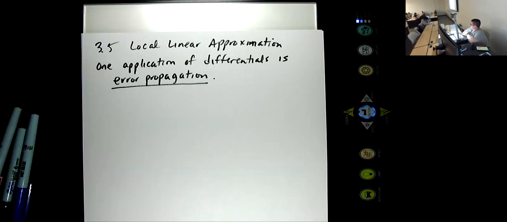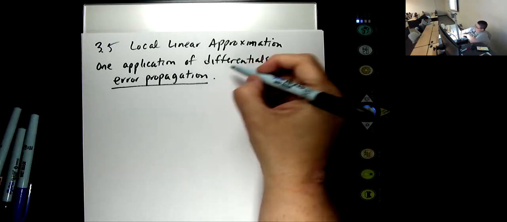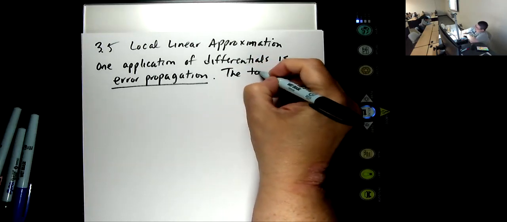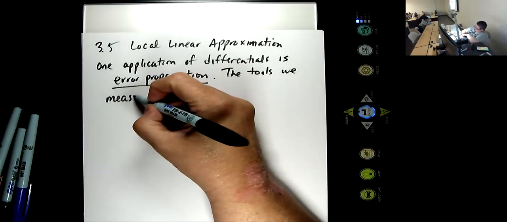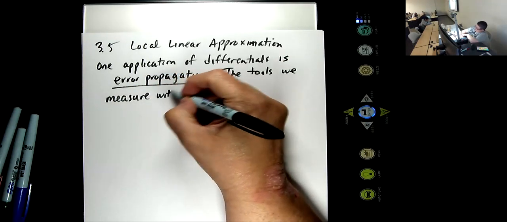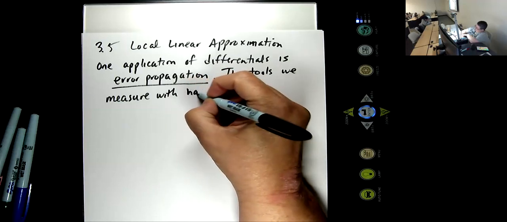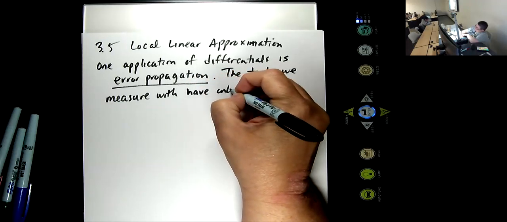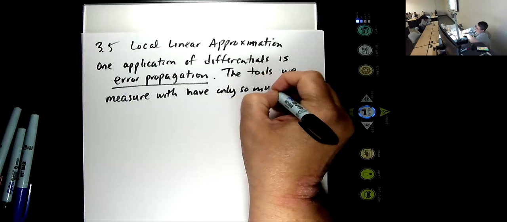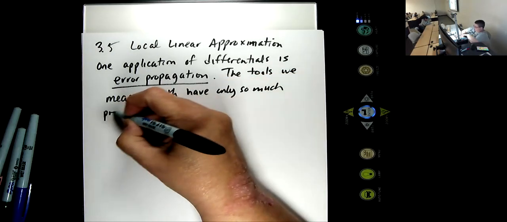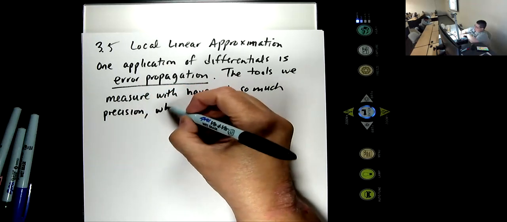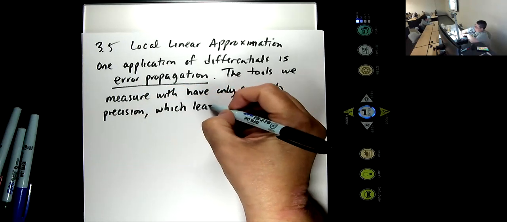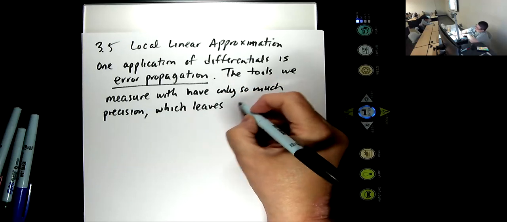The idea here is when we take measurements and stuff, the tools we measure with have only so much precision, which leaves a small amount of error, hopefully small.